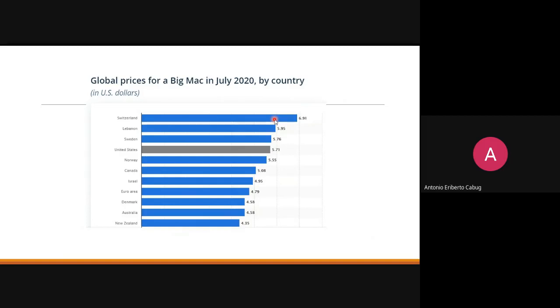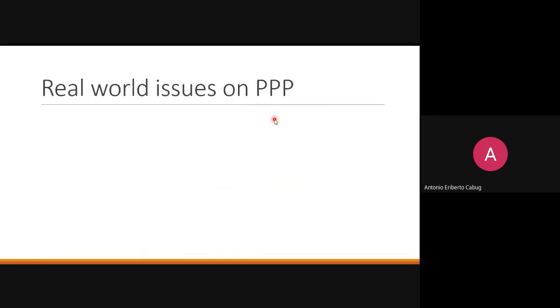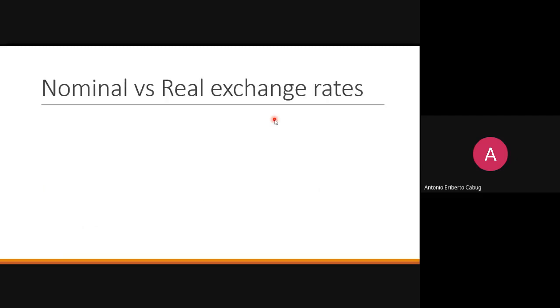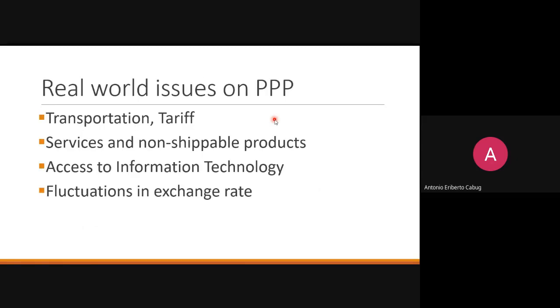Okay? However, I have discussed to you a while ago, in the real world, it is more complicated. In the real world, absolute PPP cannot happen because of these reasons discussed. Transportation and tariff, services, non-shippable products, access to IT, and fluctuations in the exchange rate.